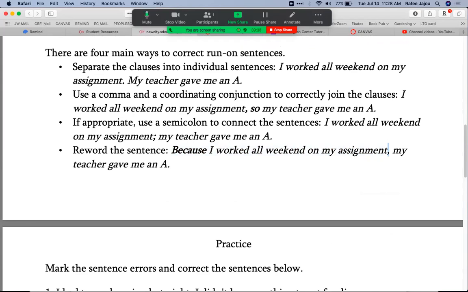So because I worked all weekend on my assignment, comma, and this is the independent statement. This is no longer independent. That's why you can't use a period. It cannot stand on its own. It's now dependent. You've created a dependent statement, comma, independent statement that completes the whole thing. This is fine.